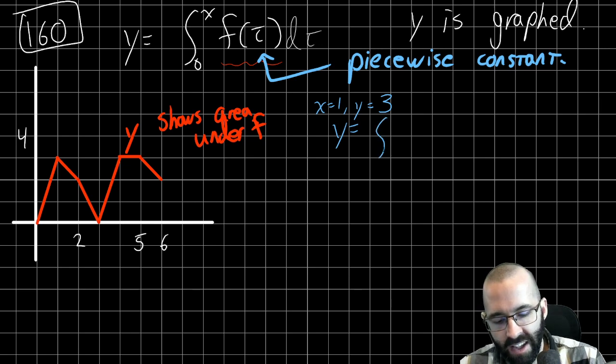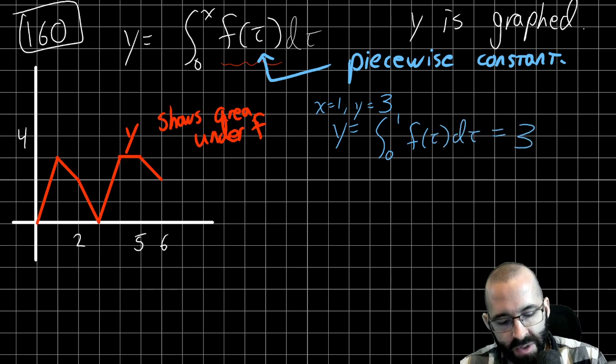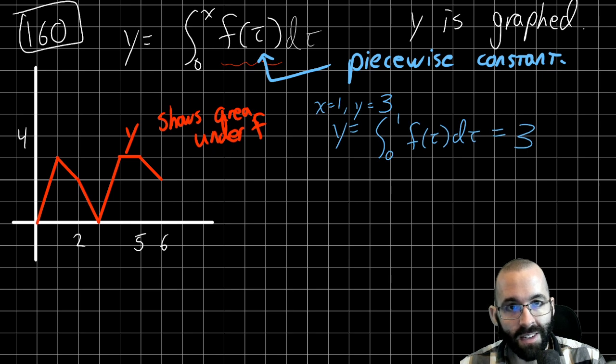So that tells us that the integral from 0 to 1 of this function is equal to 3. Why is that useful? Because we know this is constant on that piece. So the integral, the area under a constant function, is going to be a rectangle. The width is 1. The height is 3. So we know that this function f starts like that.